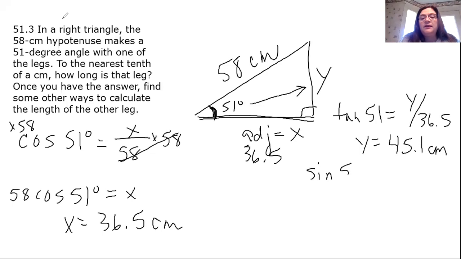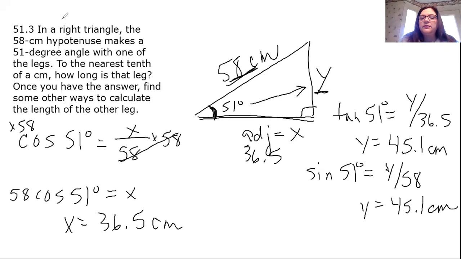What if I said the sine of 51 equals y over 58? Can I do that? Yeah, that's opposite over hypotenuse. So sine of 51 times 58 is, believe it or not, 45.1 centimeters. When I round it, it's the same.